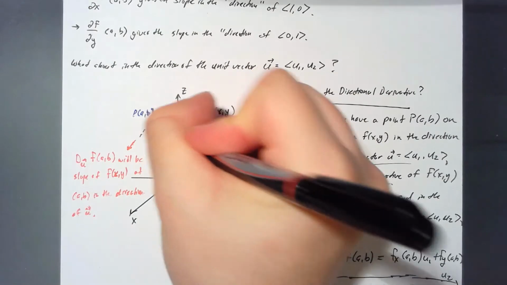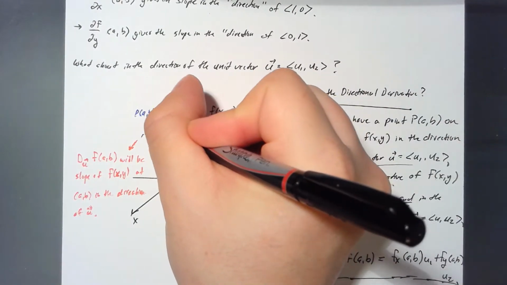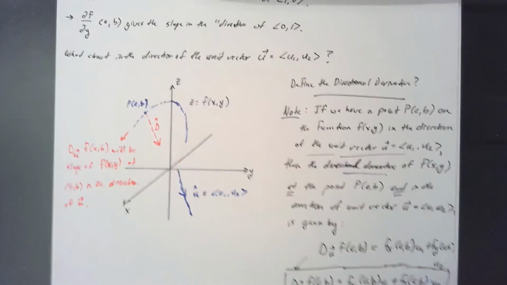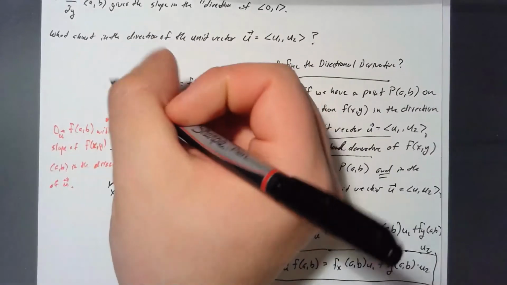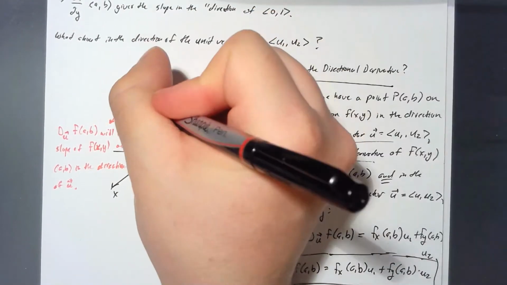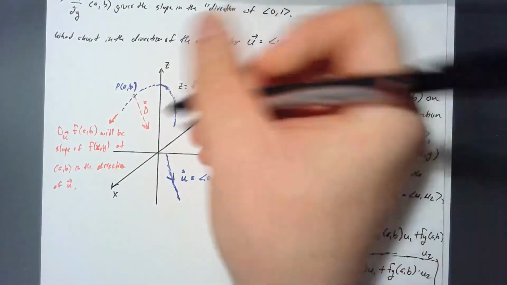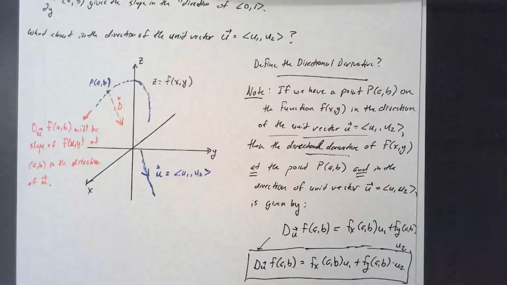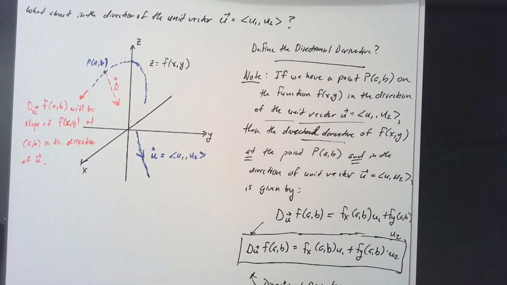That right there is the directional derivative there. This is the vector that corresponds to it, but at this particular point, it'll be pointing in that direction. But it's important to note that the directional derivative is not a vector, but it's a scalar, right?